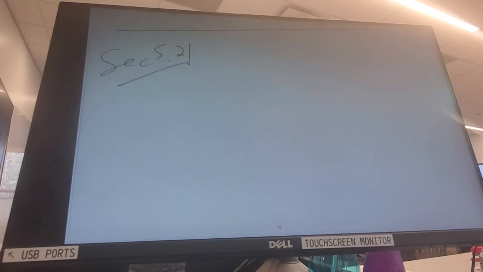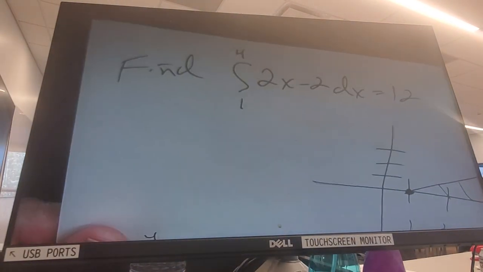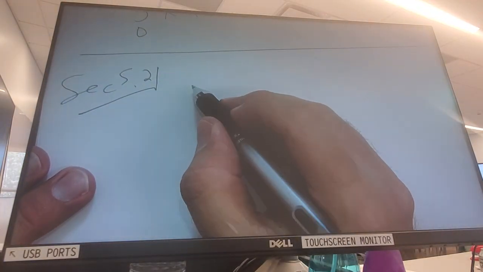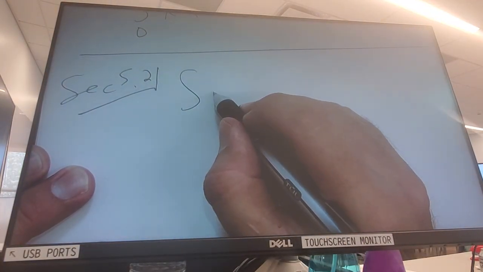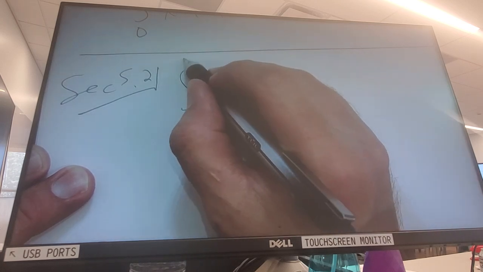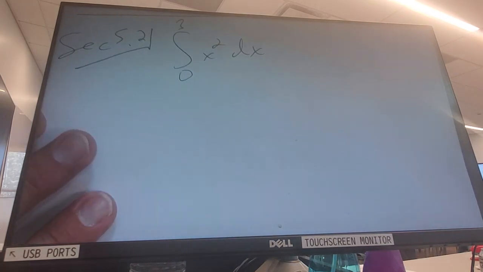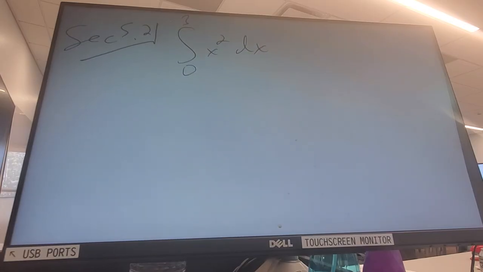I want to know the integral from 0 to 3 of x squared. So we could graph that, we could estimate it using rectangles, but I'm using this symbol, which means I want to know the exact answer, which means I want to ramp up my resolution to infinity.